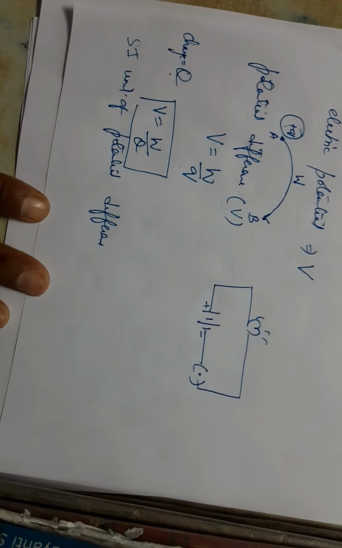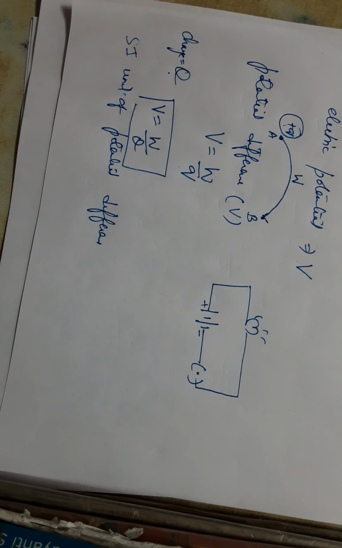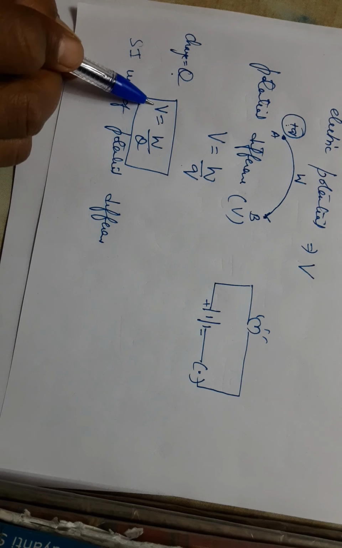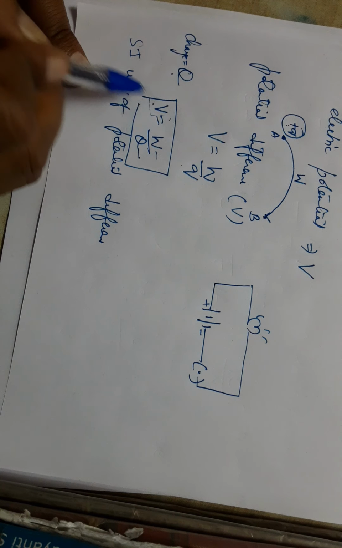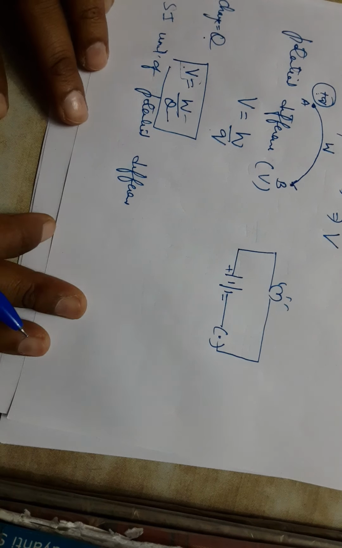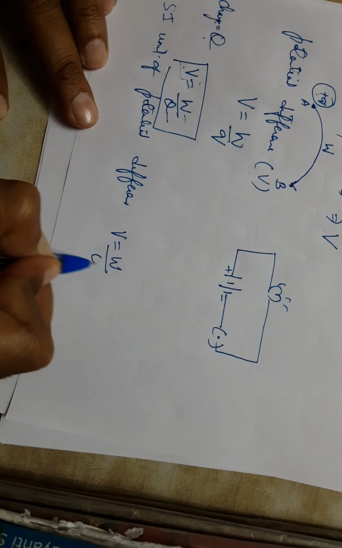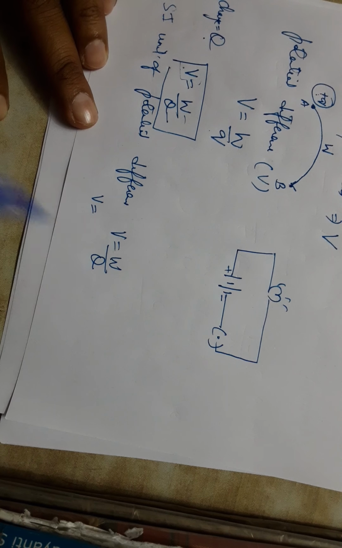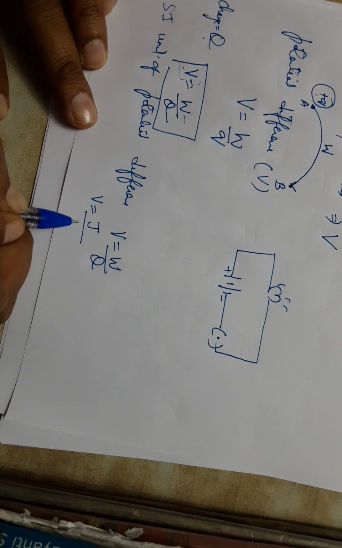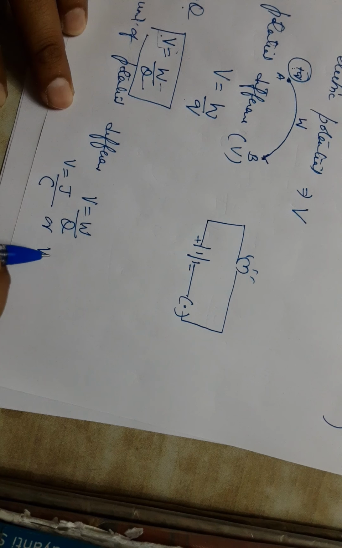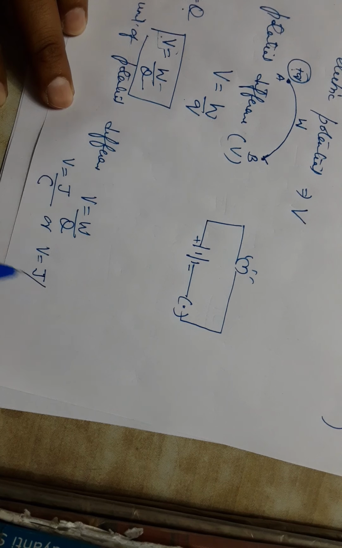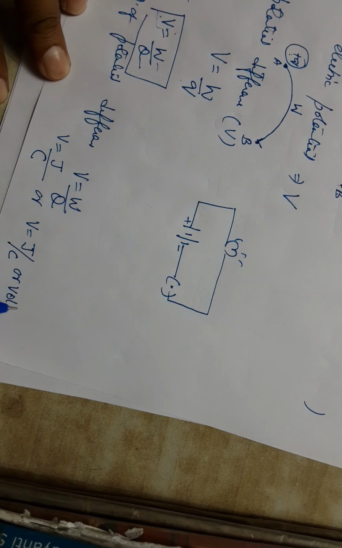It is very easy to find out SI unit of physical quantities if we know the SI unit of other physical quantities which make that particular physical quantity। देखिए we have got the formula V equals W upon Q. We know W is work done, the SI unit of work is joule, Q is charge, SI unit of charge is Coulomb. Thus, the SI unit of potential difference is Joule per Coulomb or Volt.